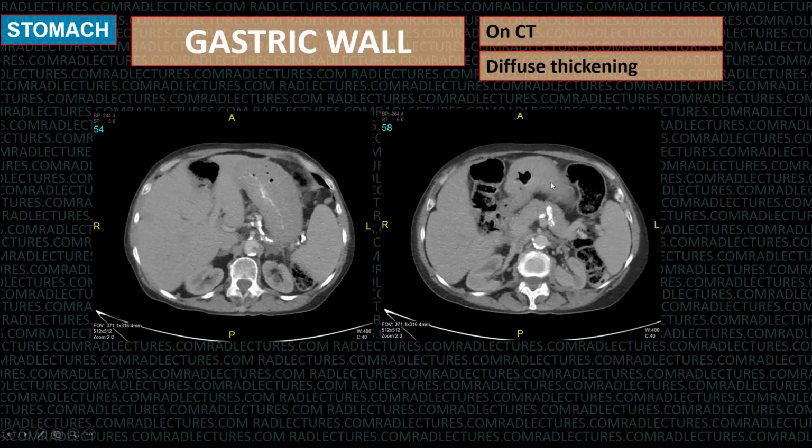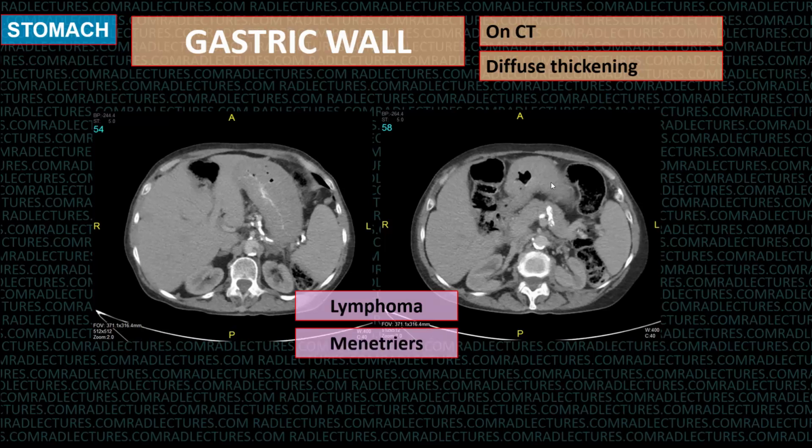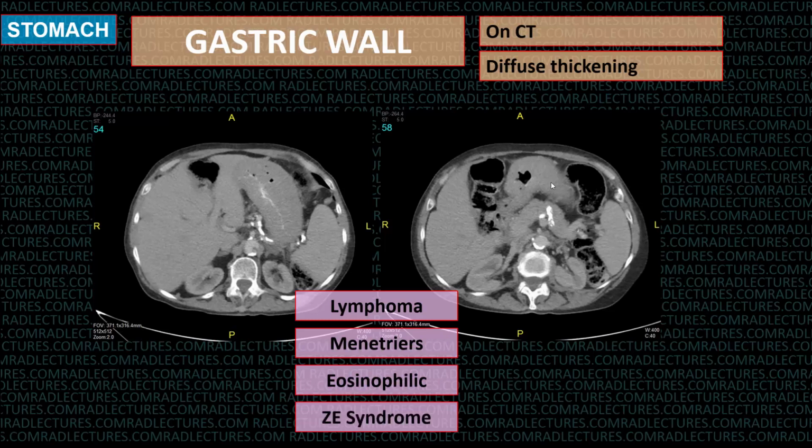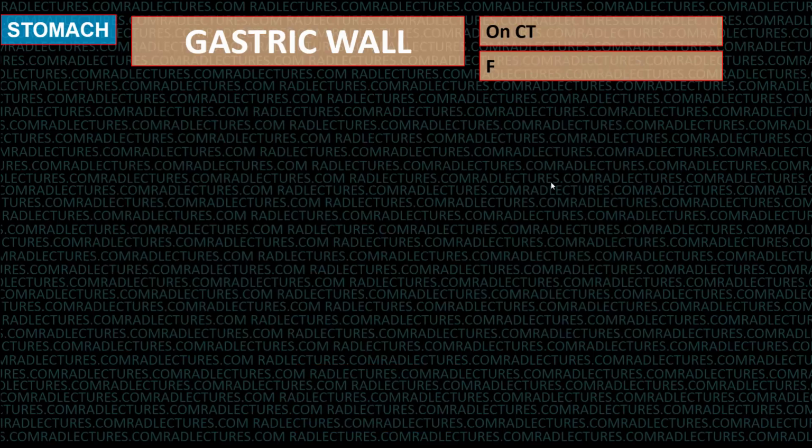And that means that this is an abnormal gastric wall. And this patient had lymphoma, but Menetrier's disease, eosinophilic gastritis, Zollinger-Ellison syndrome, anything that can cause fold thickening can lead to diffuse gastric wall thickening.